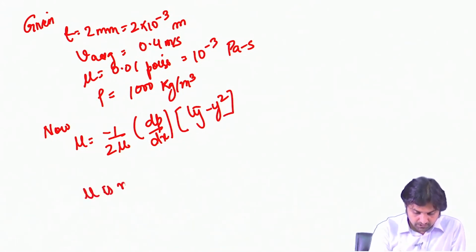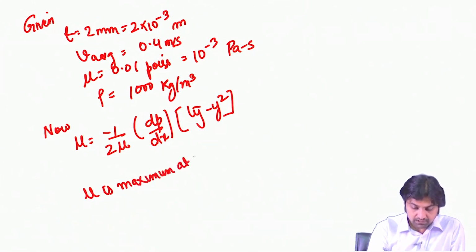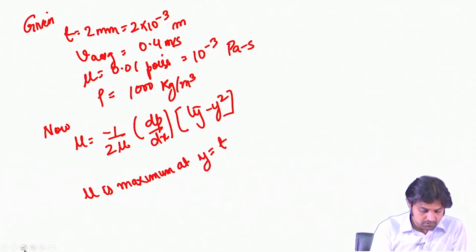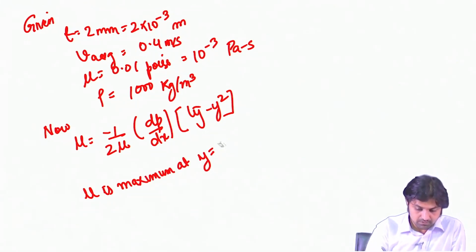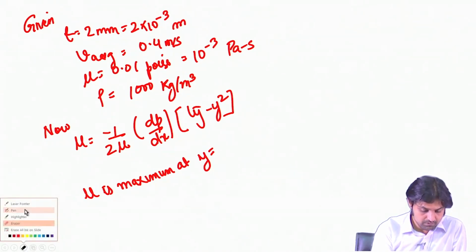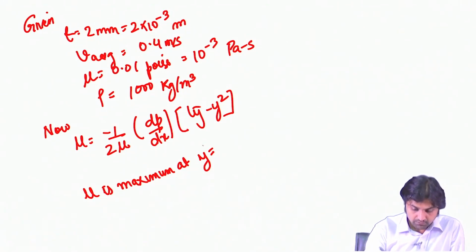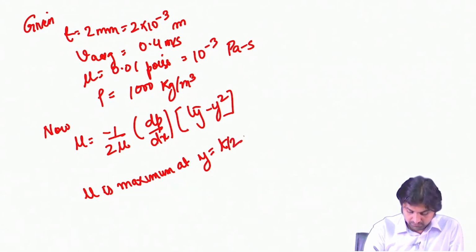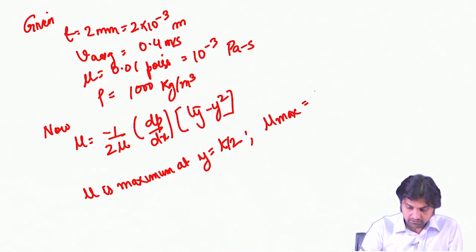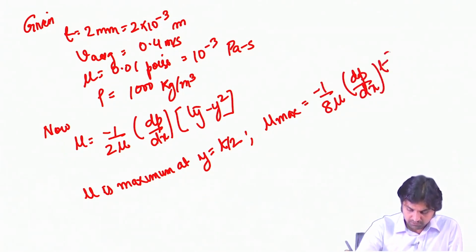U is maximum at y is equal to T by 2. This means U max is equal to minus 1 by 8 mu dP dx into T square.